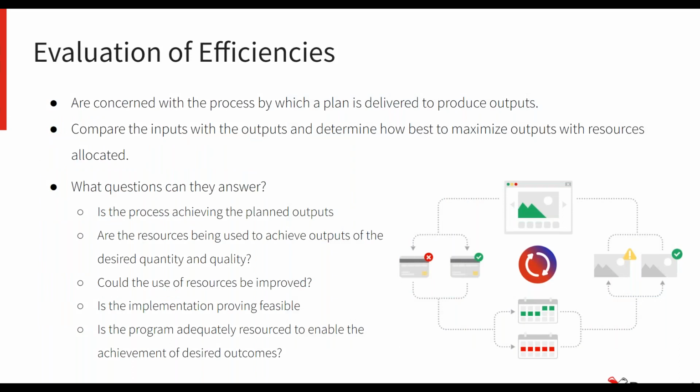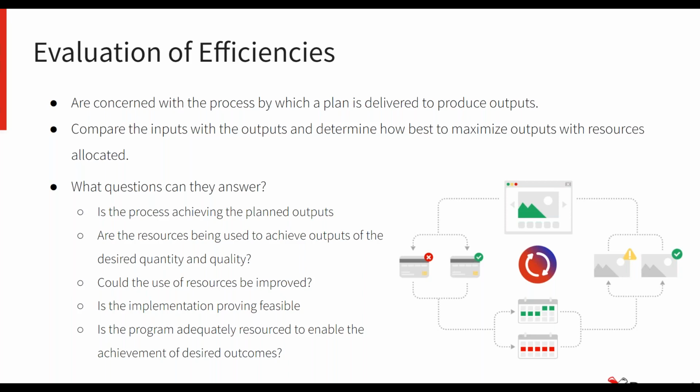So as we mentioned, using test automation and figuring the ROI is a little bit different than what you regularly do. The trend these days in software development is to shift from the focus of kind of a financial investment to more of a focus on the evaluation of efficiencies. Where's your efficiency in making this change? It's concerned with the process by which a plan is delivered to produce the outputs.